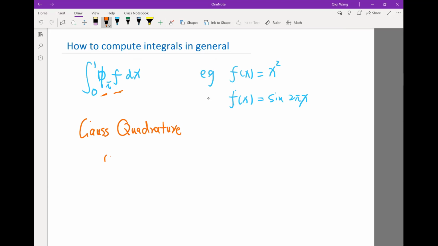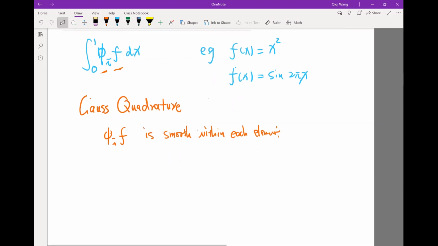So phi times f is very smooth within each element. In our case, phi is a linear function within any element, and f we assume is smooth overall. Gauss quadrature is an amazing way to approximate the integral of smooth functions.